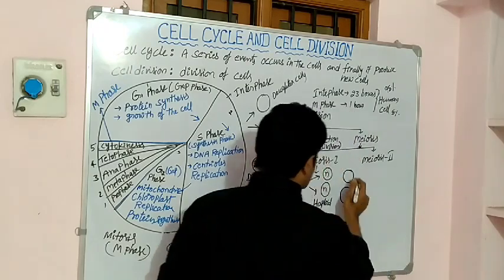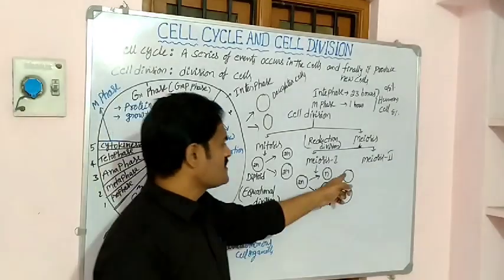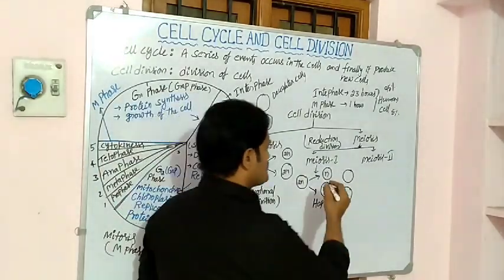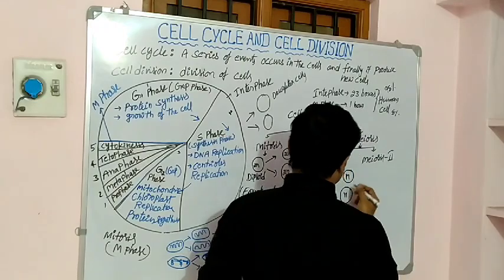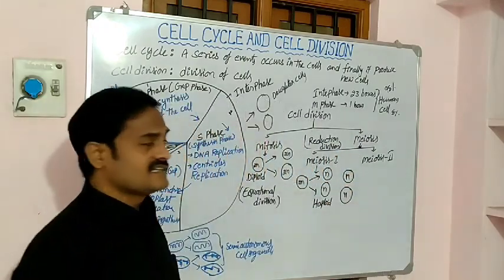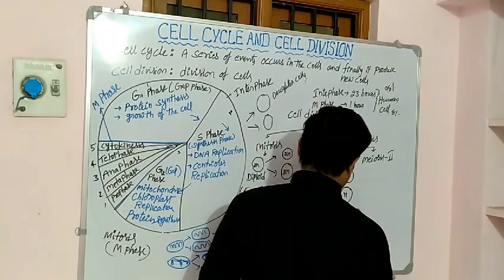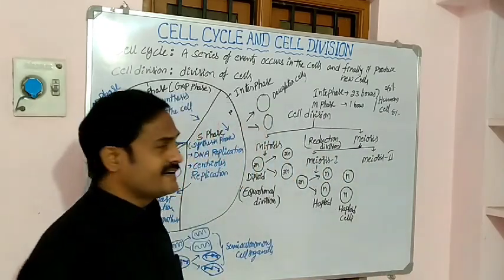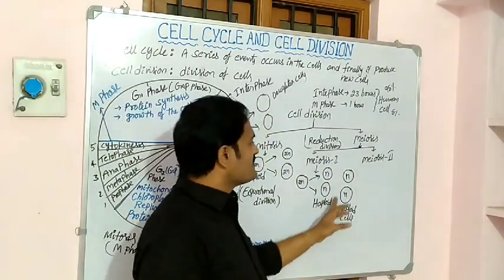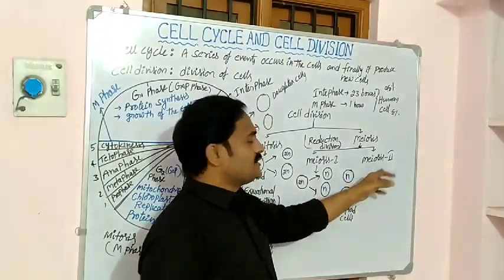These are the products of meiosis 1, so which state is it? Haploid state. So these are haploid cells.